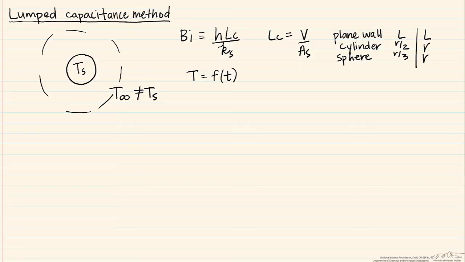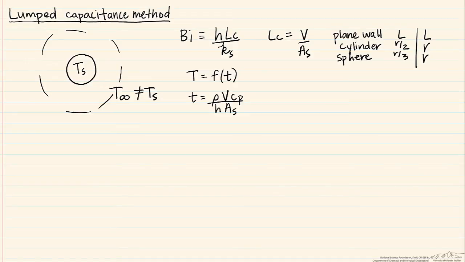Therefore, the lumped capacitance method allows us to solve for time as equal to the density of the solid times its volume times its heat capacity divided by the convective heat transfer coefficient times the surface area of the solid.